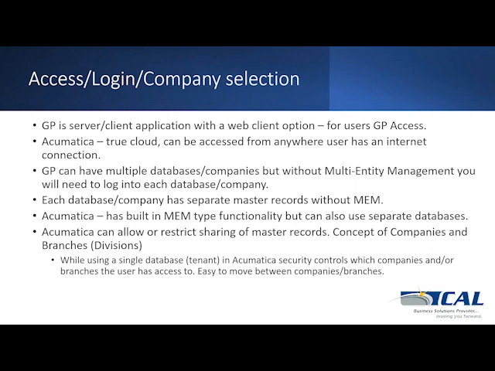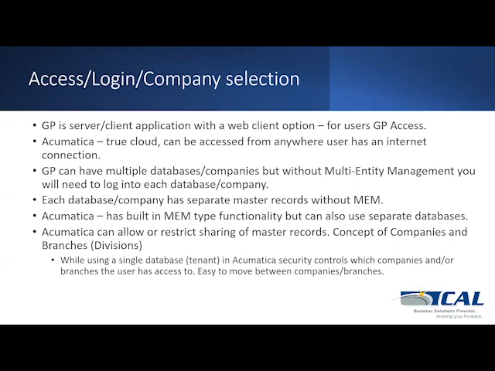It takes that one GP database and allows you to segment it into multiple companies and share master records when you want to. Acumatica has the equivalent of MEM, that type of functionality, built into it. It can also use separate databases if there was some necessity to do it that way.